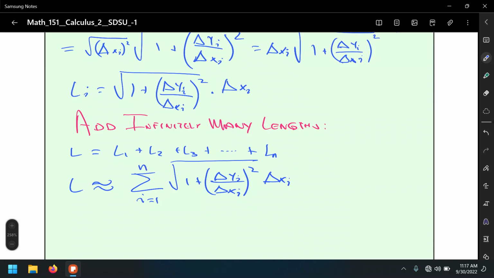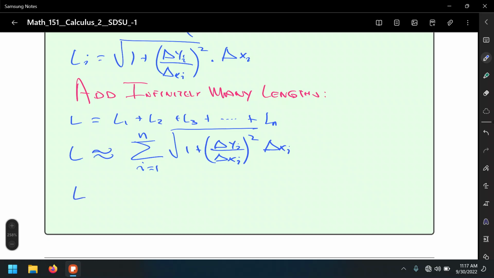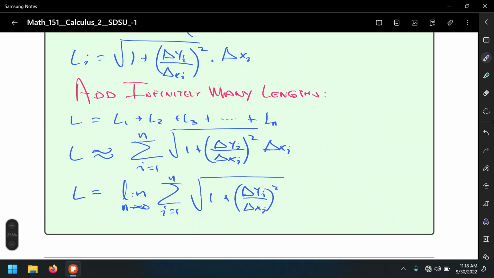In order to get the accurate value, we get that by getting a good refinement, and the best refinement in this case is to add infinitely many of those lengths, and well, the approximately becomes equal once we write it as a limit, n approaches infinity, of the sum of the square root of 1 plus delta y sub i over delta x sub i, quantity squared, times delta x sub i, which in this case is going to lead us to the integral from a to b of square root of 1 plus f prime.